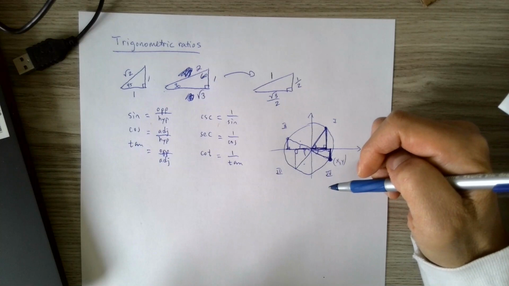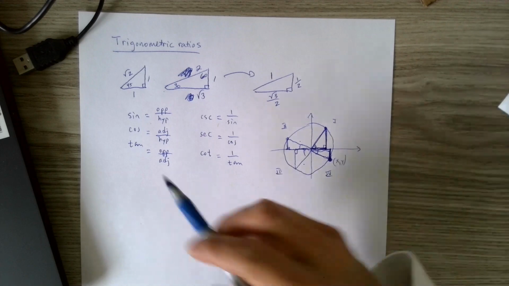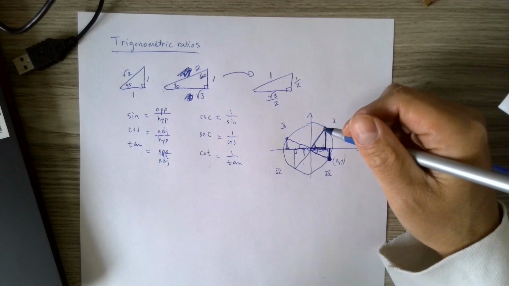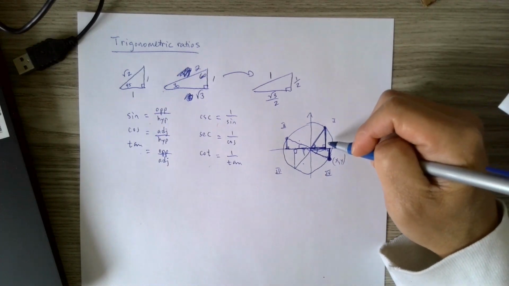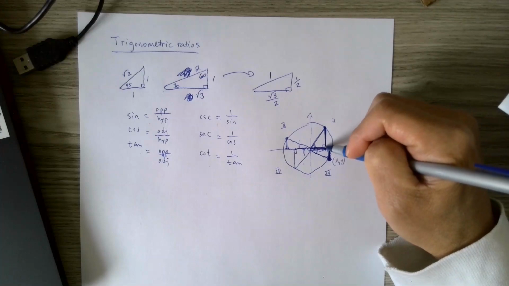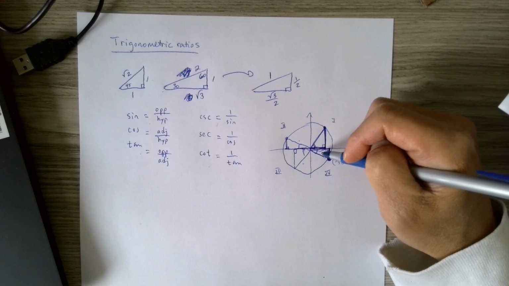Now there are two trig ratios that don't involve the hypotenuse at all. That would be the tangent and the cotangent. So I'll go back to quadrant 1. Opposite over adjacent is tangent, so opposite, which is positive, over adjacent, also positive, would give you a positive ratio.